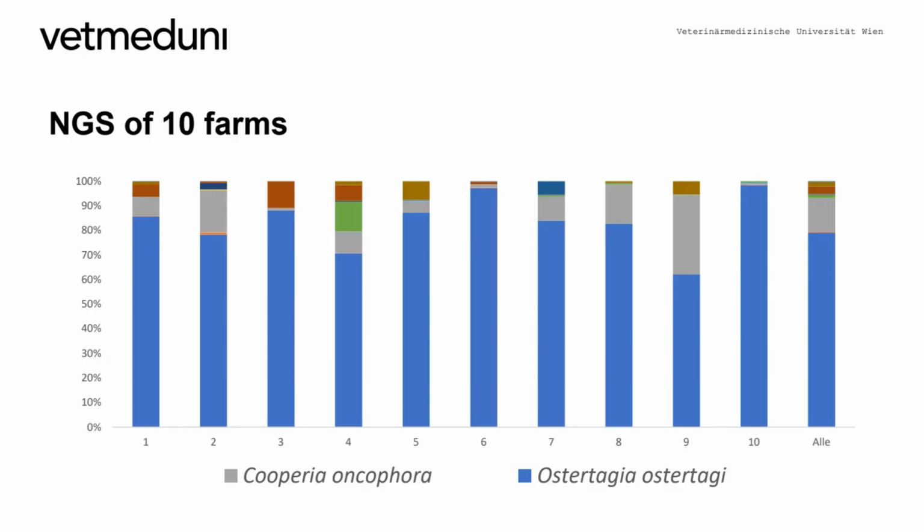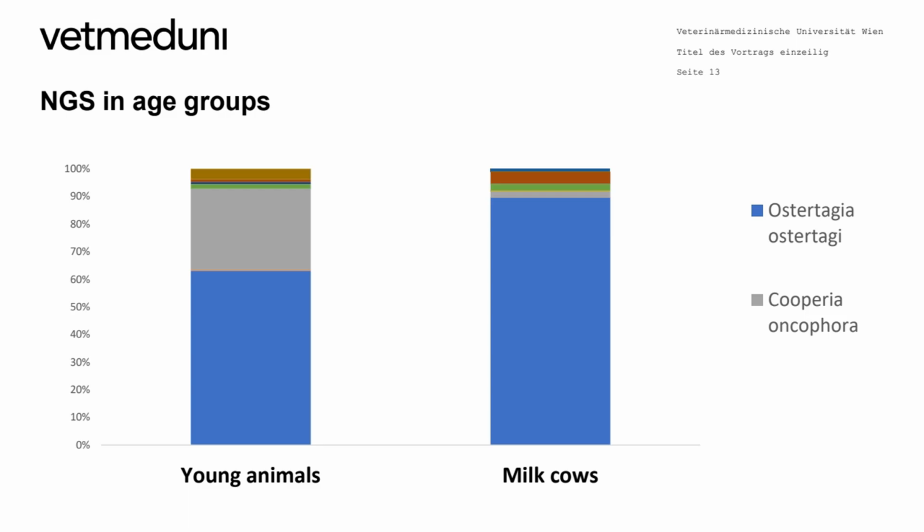And when we looked at the NGS analysis, we saw that Ostertagia was the predominant species, followed by Cooperia. And when we then looked in detail at the age groups, it was the young animals where we had Cooperia, while we almost only had Ostertagia in milk cows.